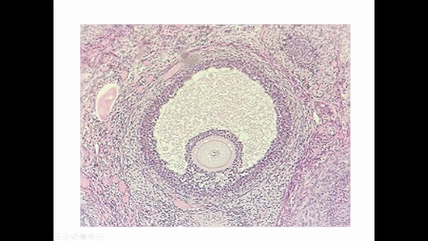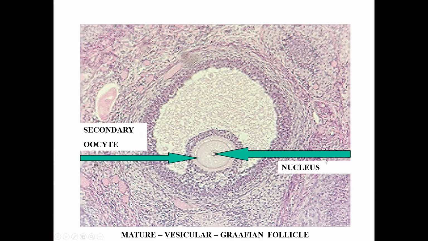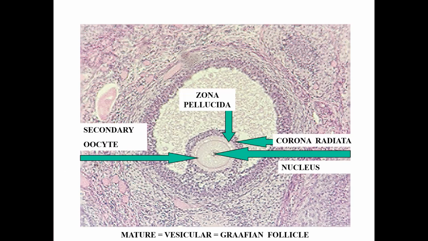Okay, we refer to this as the secondary oocyte. This is the egg in the middle here, and this is what's going to get ovulated. We call the whole thing a Graafian follicle. There's the secondary oocyte right there. There's the nucleus of the egg. Now these two layers here, the zona pellucida and the corona radiata.